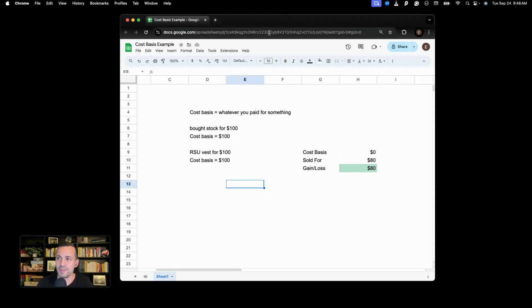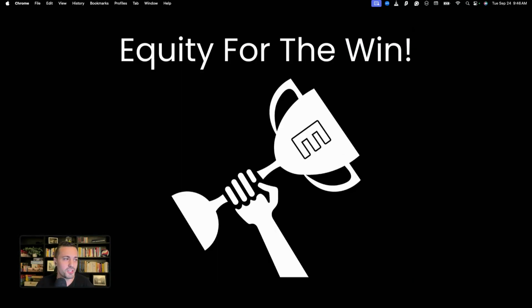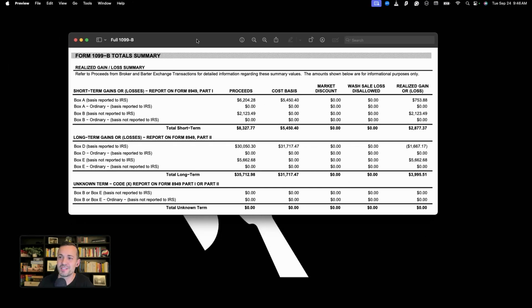All right, so that's enough of cost basis. Let's move over to tax forms, which is probably even less fun than looking at cost basis. So here we go. Here's an example of a 1099-B. Whenever you have stock sales at a brokerage like E-Trade, Charles Schwab, Vanguard, Fidelity, at the end of the year, you'll have a Form 1099-B that gets generated, and it will summarize all the transactions that you had at that specific brokerage.